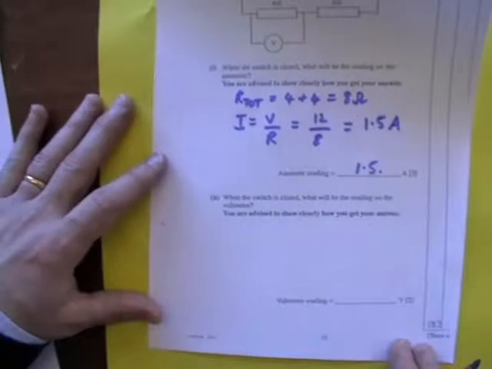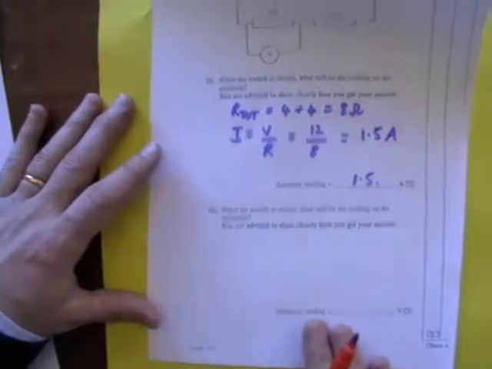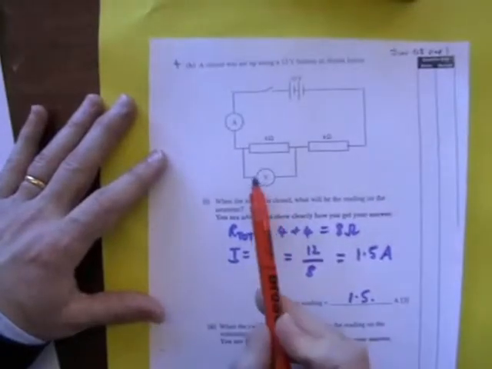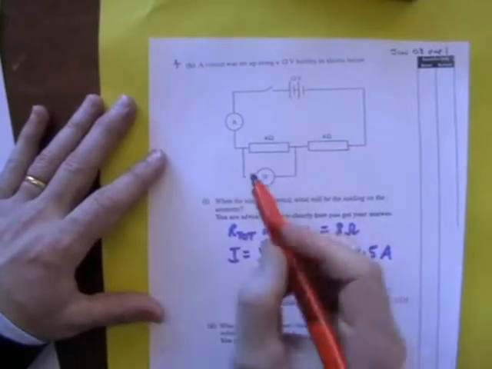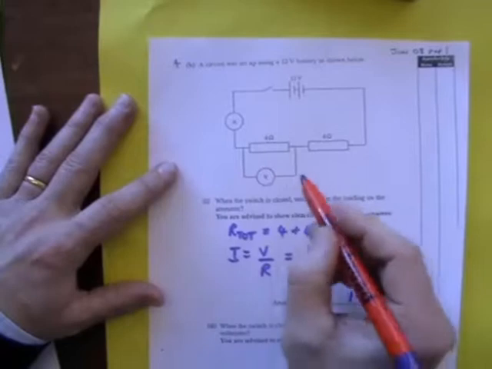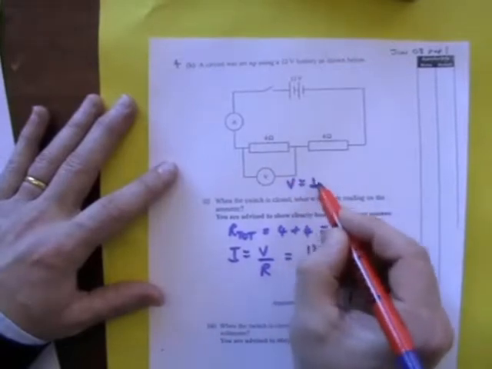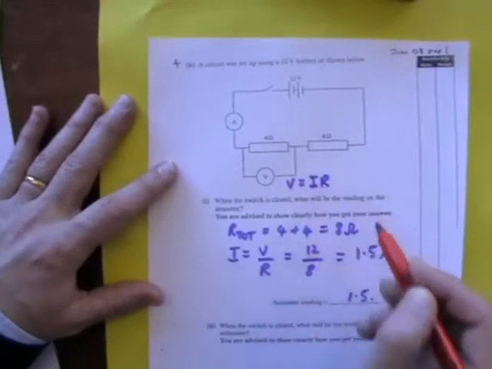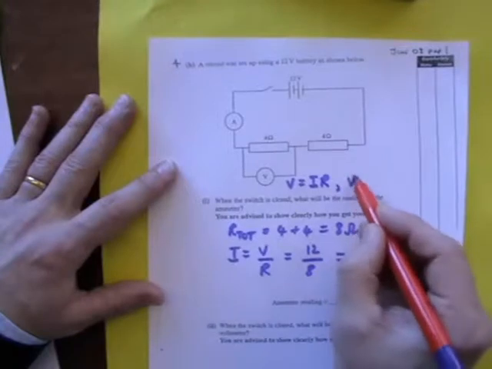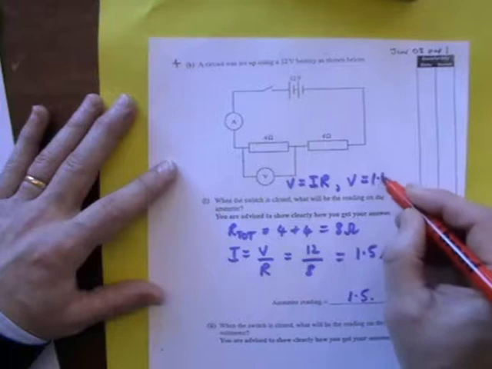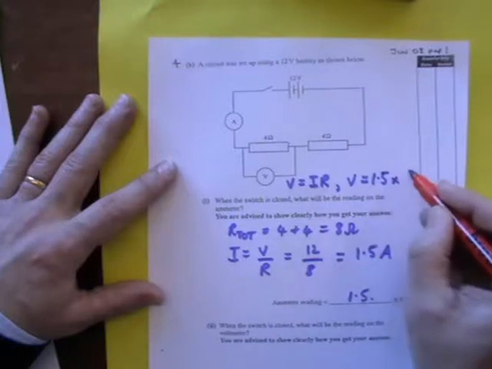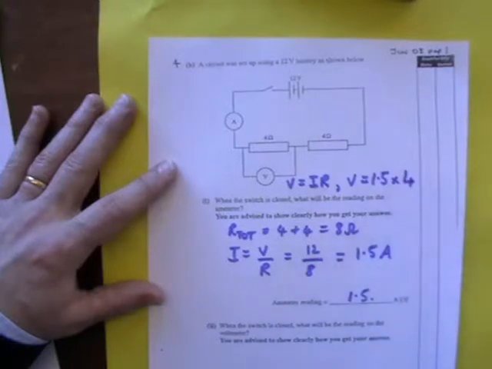When the switch is closed, what will be the reading on the voltmeter? Well, the voltmeter is in parallel across a 4 ohm resistor. So what we're going to say is V equals IR for this. We've just worked out the current to be 1.5, so V is going to be equal to 1.5 times the resistance, which is 4.